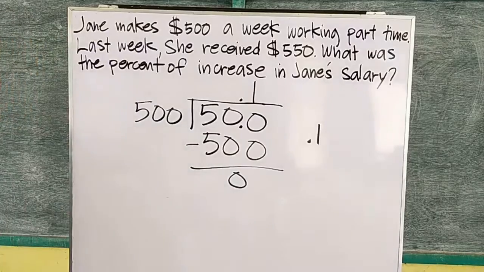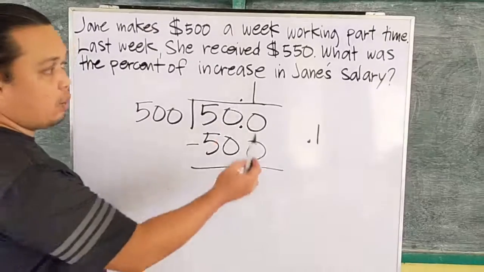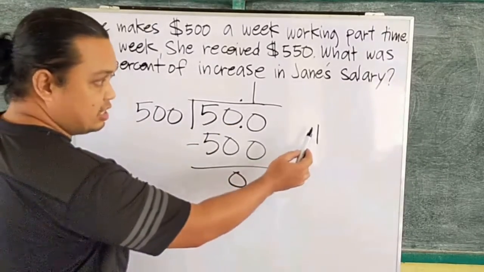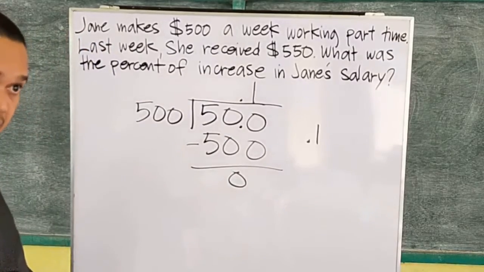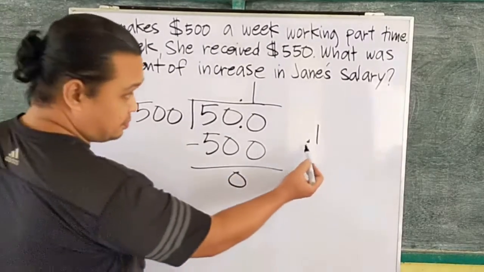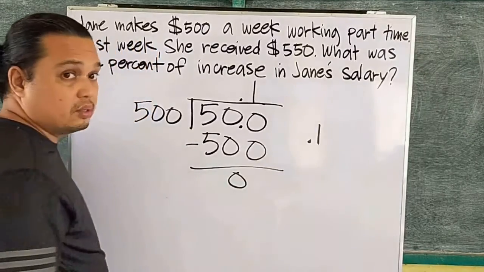Now we are looking for the percent of change. Therefore, we need to change our answer, which is 0.1, a decimal number, into a percent. How? By moving the decimal point two steps to the right.